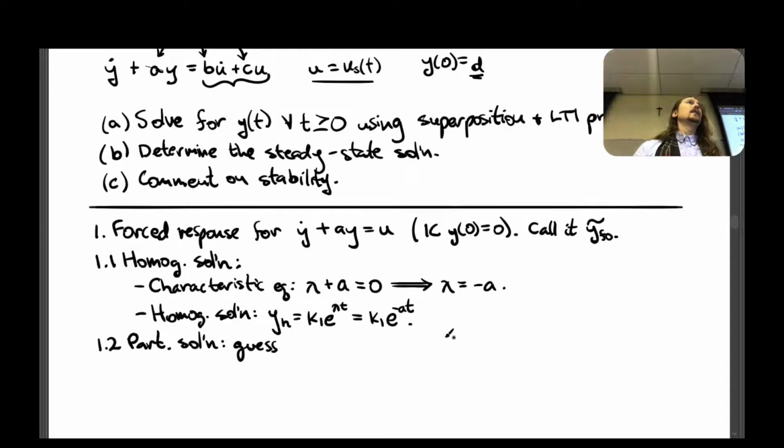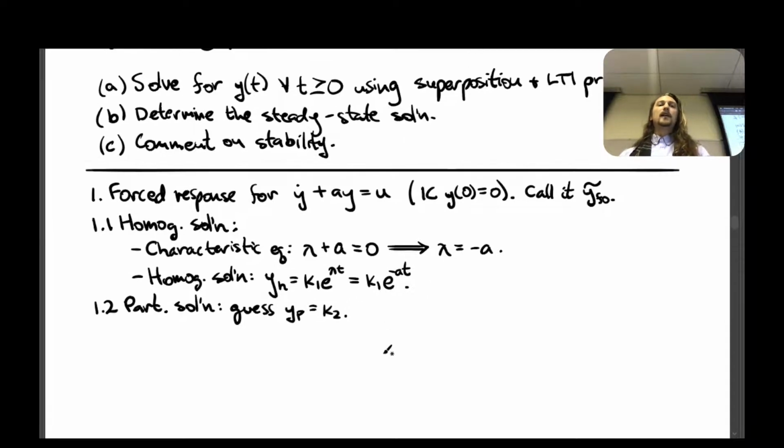The form of the input is a unit step function, and we'll assume that y particular is equal to a constant, k2. We will have to determine what k2 is. If we cannot solve for a k2 that solves this problem, then we'll know that it is not a solution. But it will be, because I did this earlier, and it was a solution.